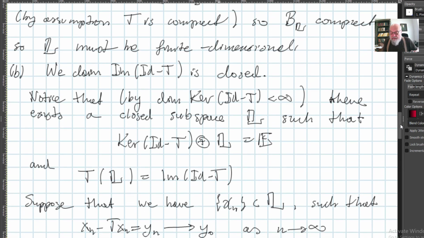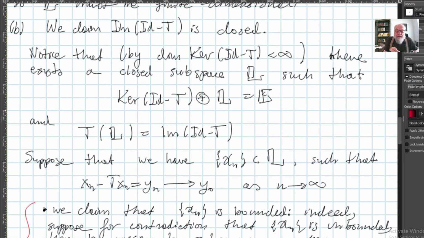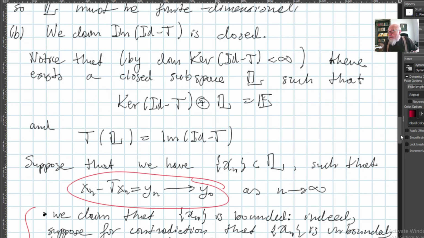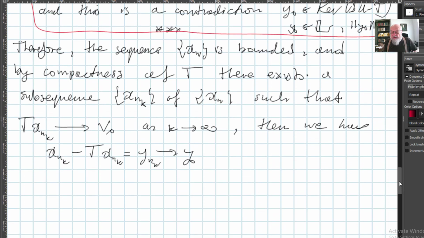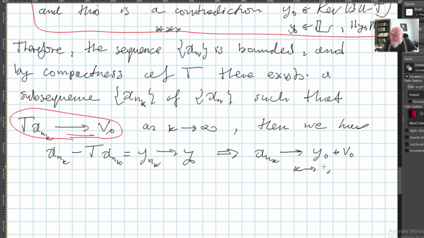That was the whole setting here. This is here, this is here, and then of course that implies that x n k is convergent to y0 plus v0, coming from that condition here, as k goes to infinity. So call this value x naught.